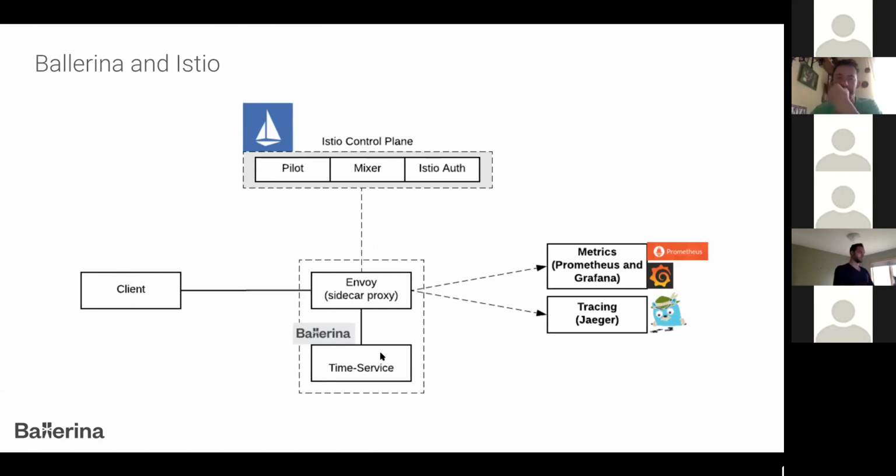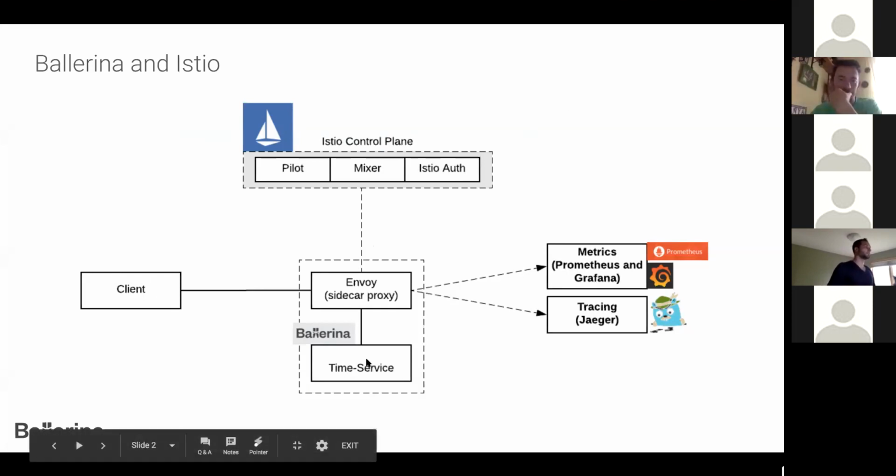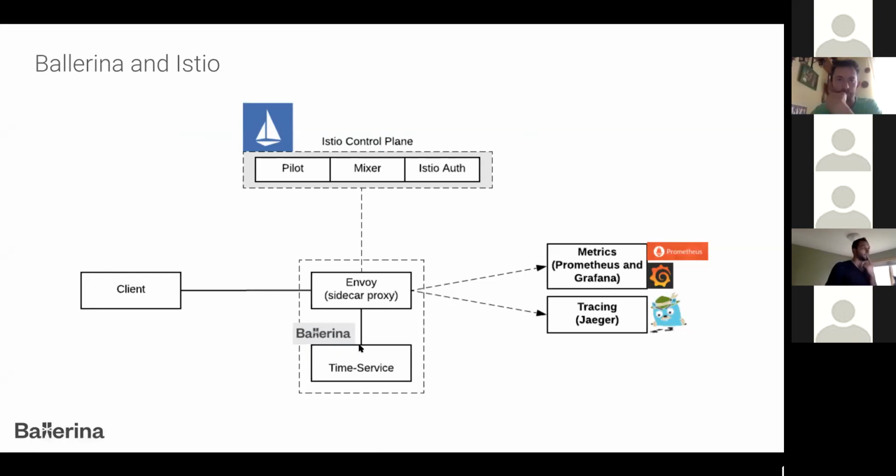You have a Ballerina time service running, which is just giving the current time, and which is running alongside an envoy proxy, managed by Istio control plane. And for the demonstration, I use Grafana for observability purposes.